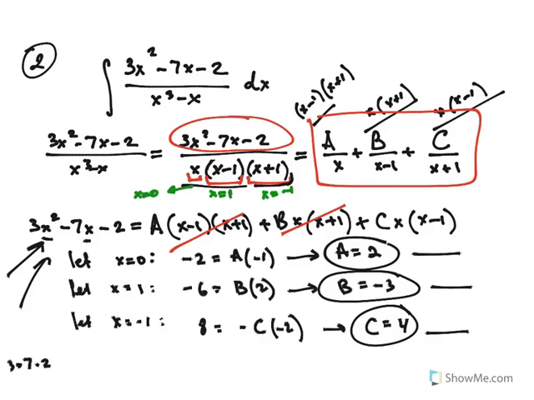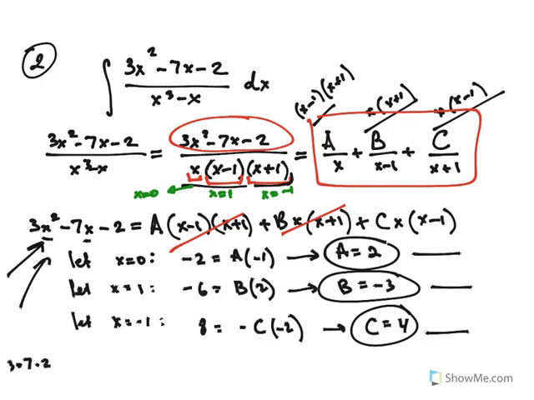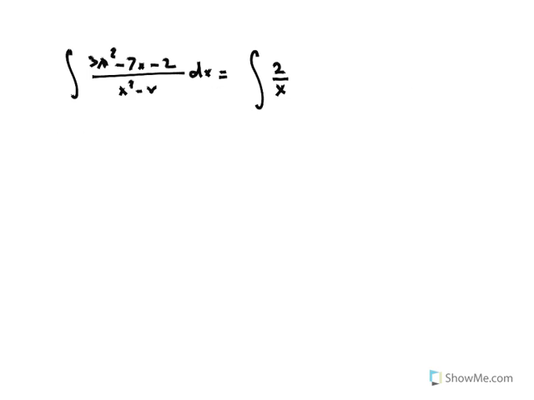So A over x, and A is 2, so it's 2 over x. Then B over x minus 1, but B is negative 3, so I'm just going to put minus 3 over x minus 1. And then the C is 4 over x plus 1.